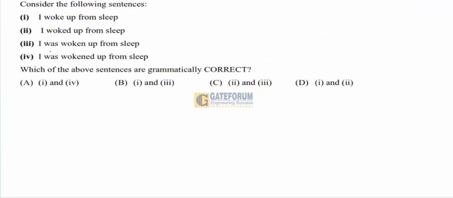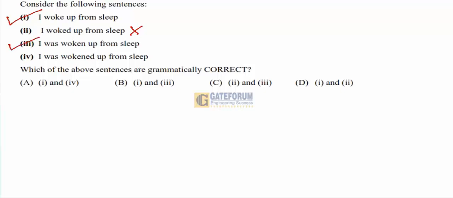Consider the following sentences. I woke up from sleep. These are the sentences. They have asked you which of the above sentences are grammatically correct. So I woke up from sleep is absolutely correct. I woke up from sleep tense wise is wrong. I was woken up from sleep is absolutely correct.